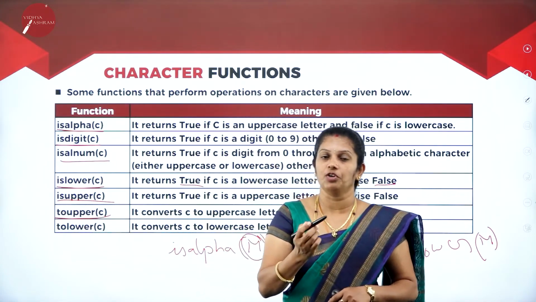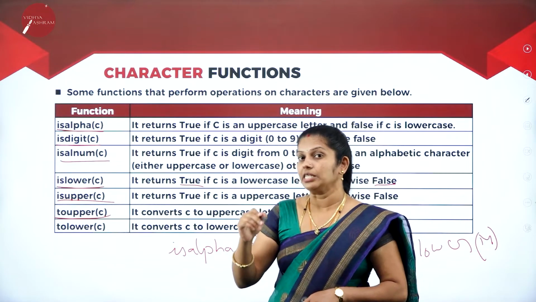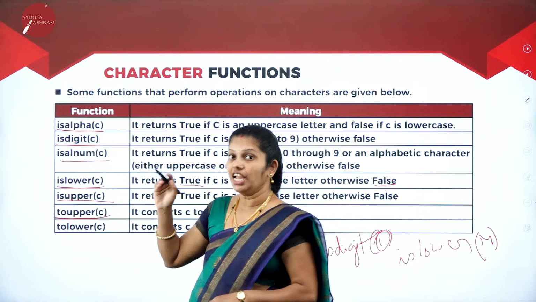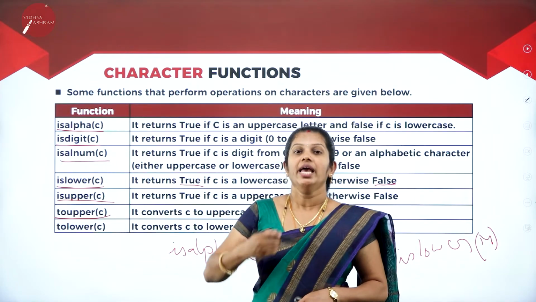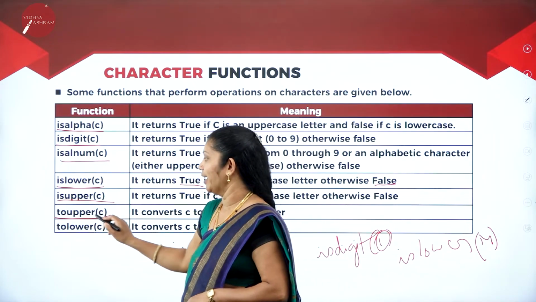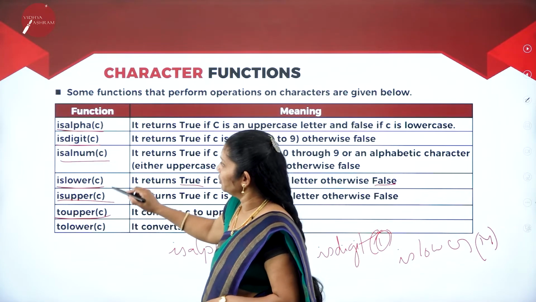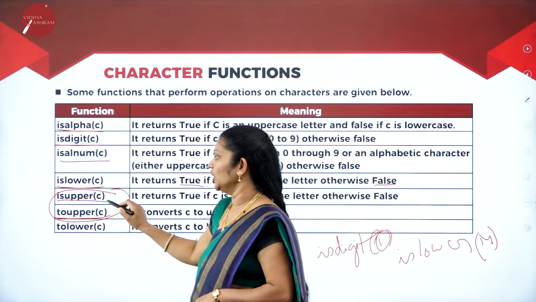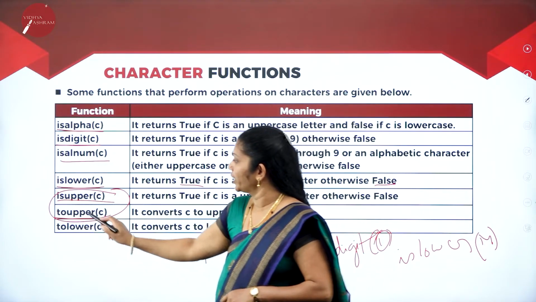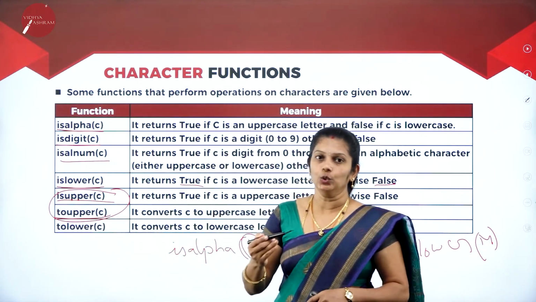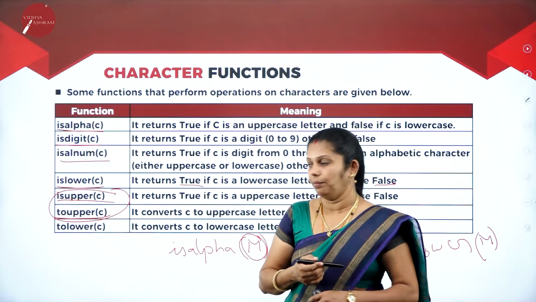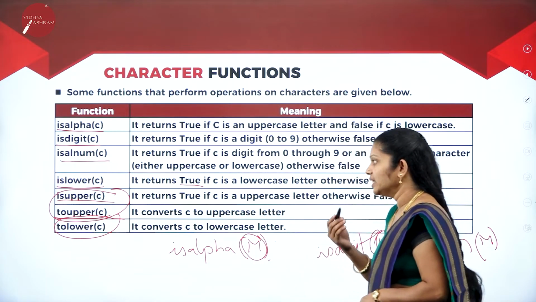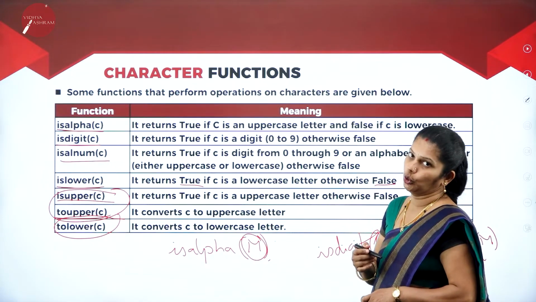There is a difference between isupper and toupper. toupper will convert the given character to uppercase, whereas isupper only checks whether it is in uppercase or not. And tolower converts the given character to lowercase.